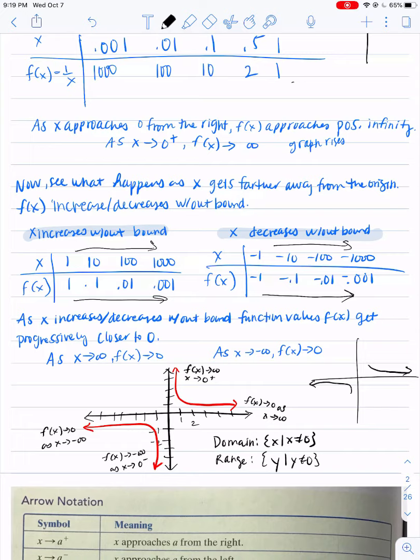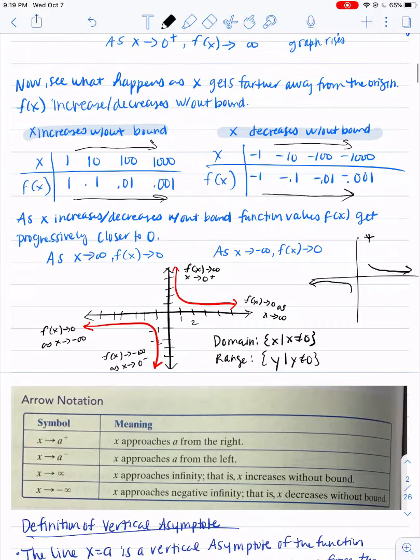We go from negative 1, which is less than negative 0.001. So as x increases and decreases without bound, the function values of f of x get closer to 0. So as x goes to infinity, f of x goes to 0. And as x goes to negative infinity, f of x goes to 0. So that's like this representation in that graph.